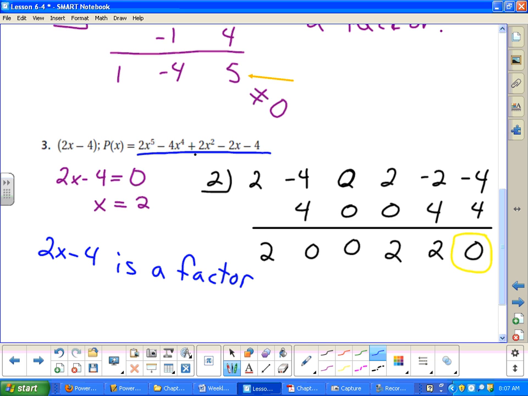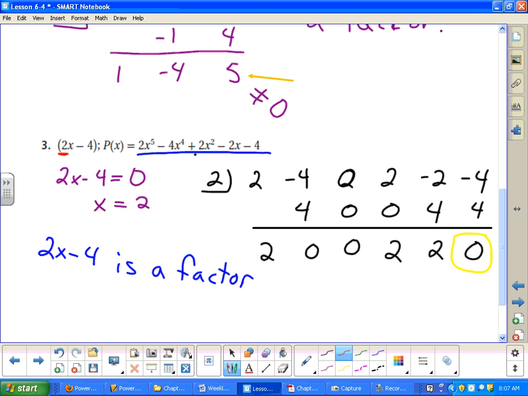Even though it has a coefficient of 2 on the x, if I'm checking to see if it's a factor, I just need to find the 0 and use the 0 in synthetic substitution. If my remainder is 0, it's a factor. If it's not, then it isn't. The only thing is that we can't use it to divide.